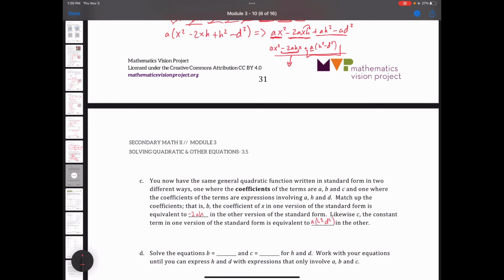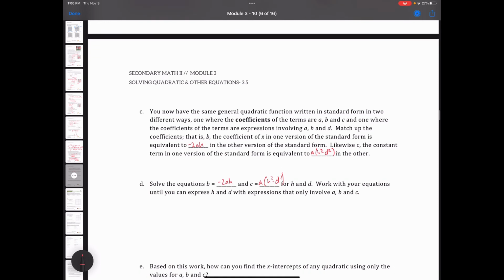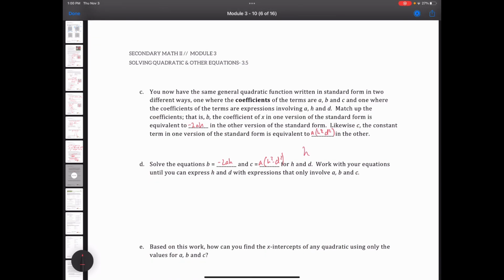So then what we need to do is solve the equations b equals negative 2ah and c equals a times h squared minus d squared for h and d. So they want us to solve this in terms of b and c now so that we can solve for h and d. Because remember, our h is representing axis of symmetry, which I will sometimes abbreviate like this, and d is representing distance from axis of symmetry.